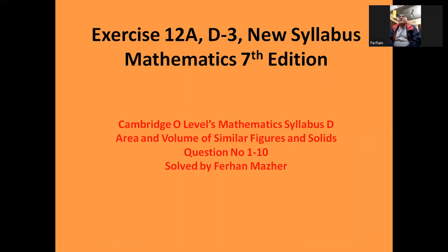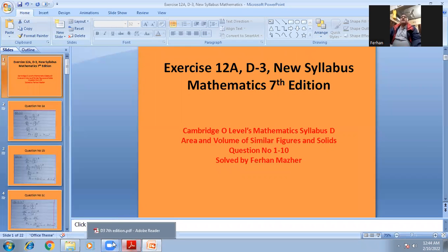I have tried my best to explain to you how, if two figures are similar to each other, their areas and sides are related. If you have two figures which are geometrically similar, you can find the unknown areas, you can also find the unknown sides. So I have tried my best to explain the whole concept.